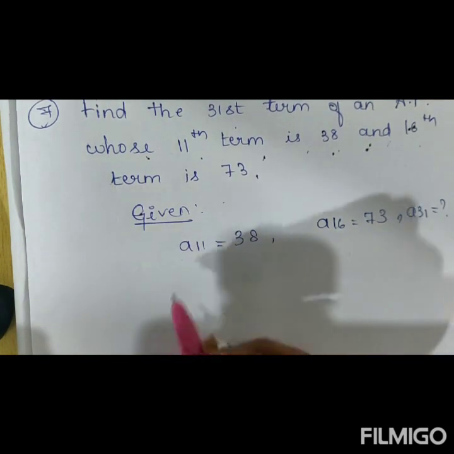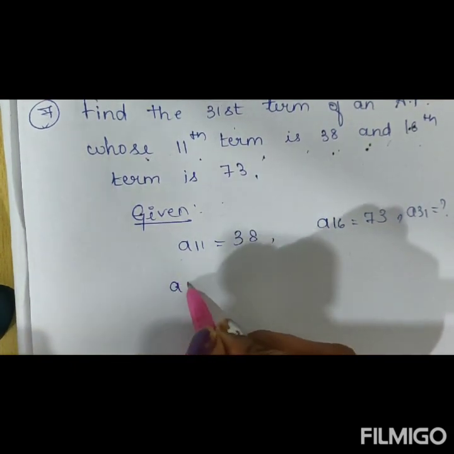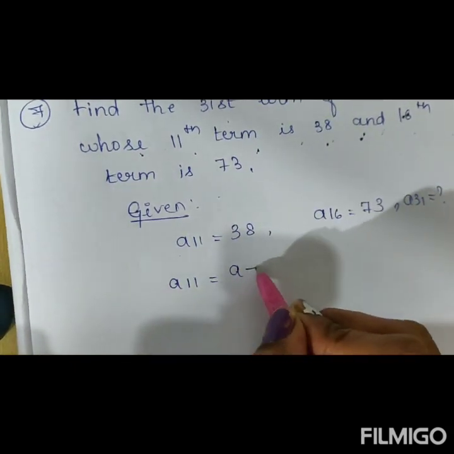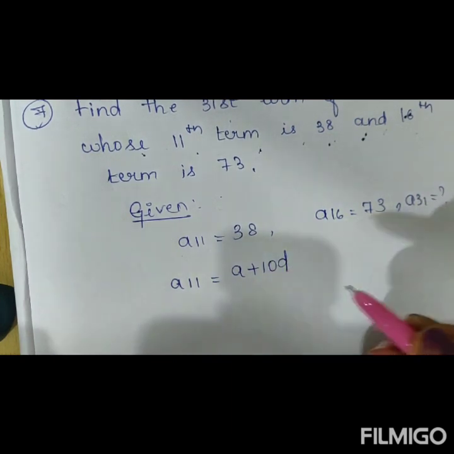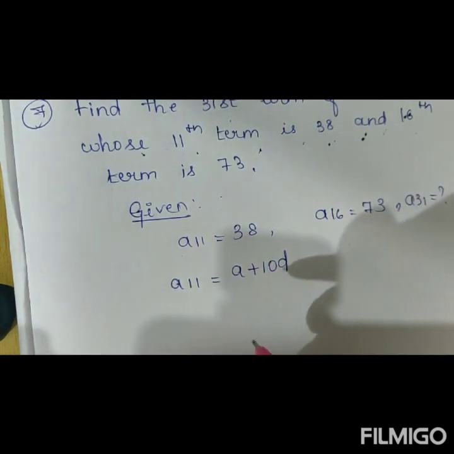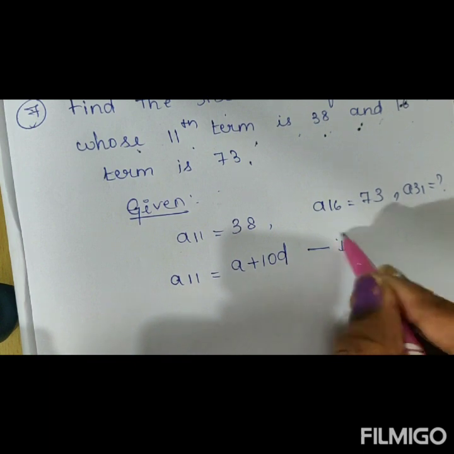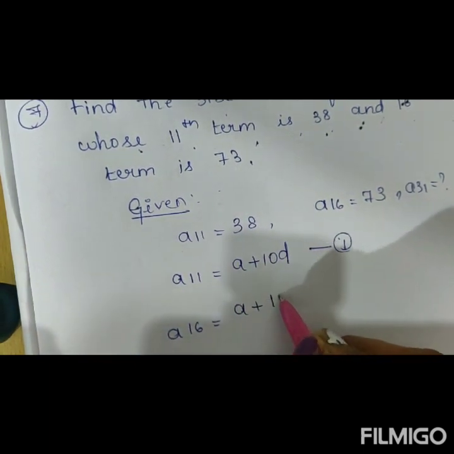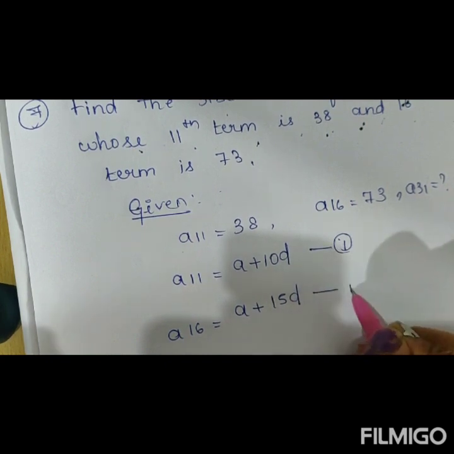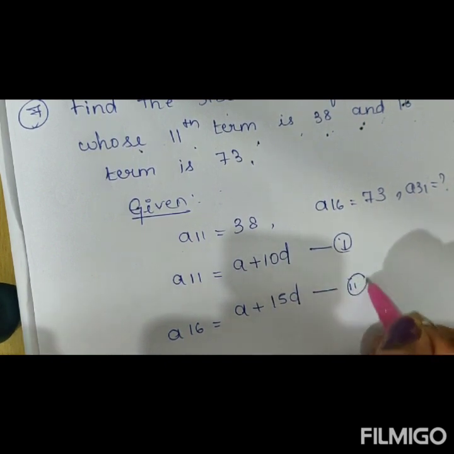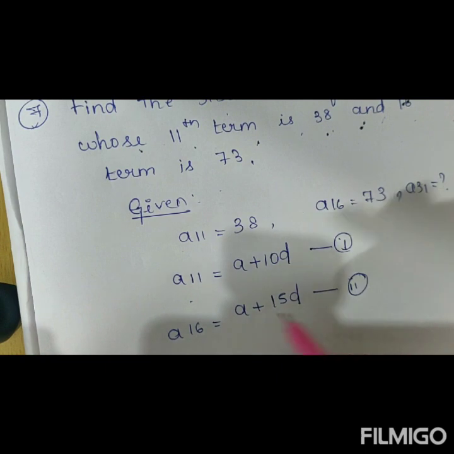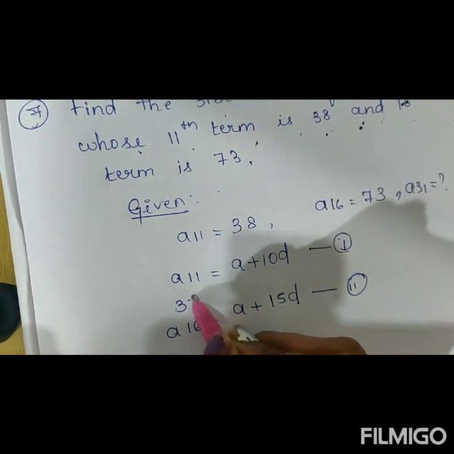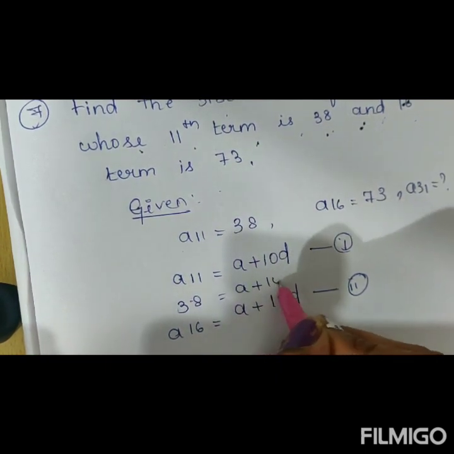So how can we write A11? A11 can be written as A plus 10D. A16 can be written as A plus 15 into D. So we know that A11 is nothing but 38, which is equal to A plus 10D.